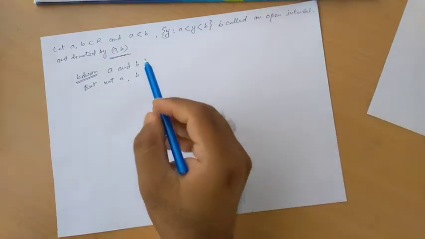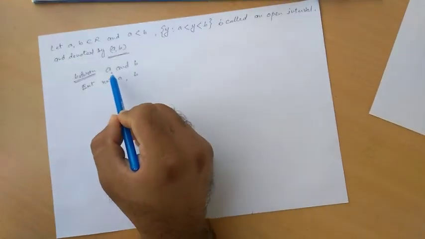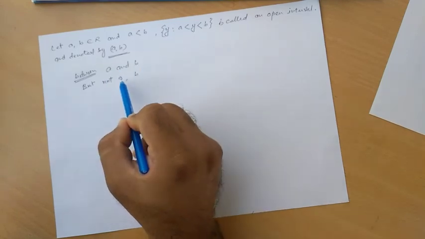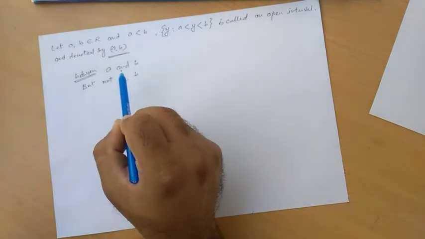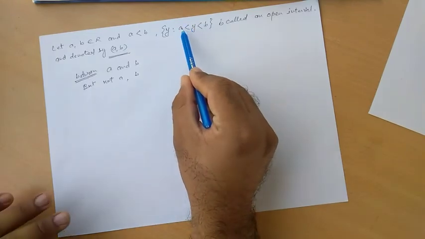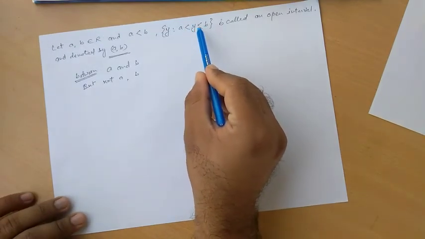That means y belongs between a and b, but a and b do not belong to that particular interval. Why? Because this y is greater than a and less than b.